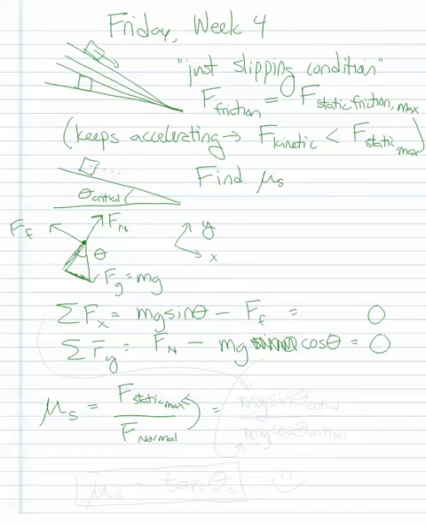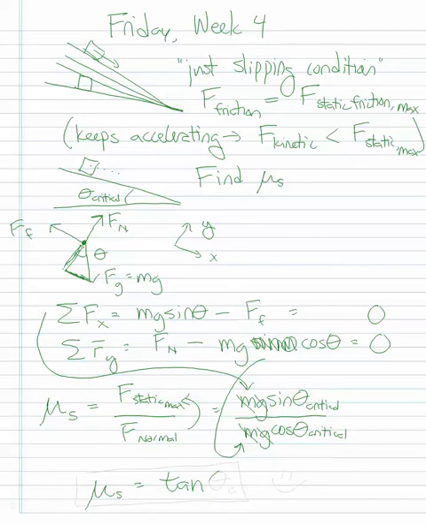And so I can solve the top equation for the force of friction, mg sine theta of the critical condition, and the normal force is mg cosine theta critical. Doesn't depend on the mass or the strength of gravity, actually, but mu s is then tangent, sine over cosine, theta critical. And that's the answer.